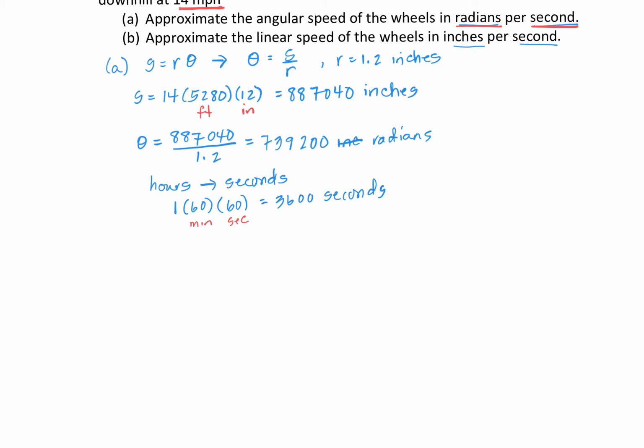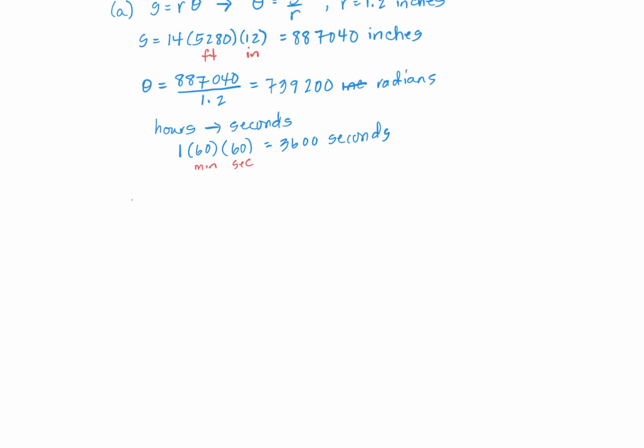Now we can finally answer angular speed. We have our theta in radians. We have our time in seconds. So radians per second would simply be, angular speed is that weird omega, 739,200. Remember, this is radians. Over 3600 seconds.